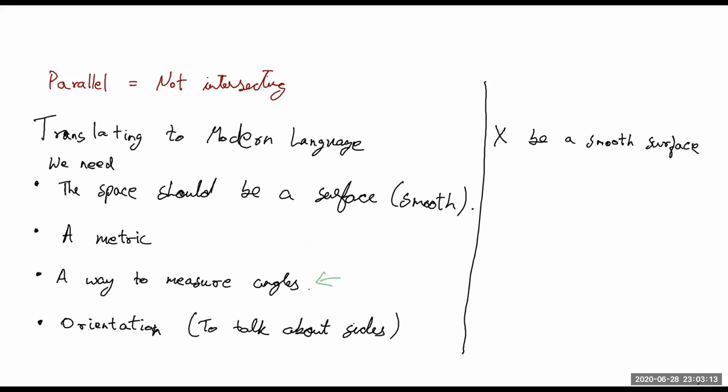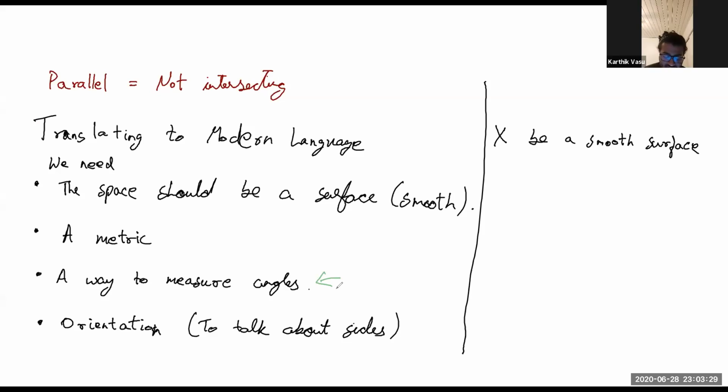So how can I measure angles, or whose angles do I want to measure here? Let's do the most general way by saying, okay, I just want to measure angles of curves. I have a curve here and a curve here intersecting. I want to measure the angle between them. What would I do?